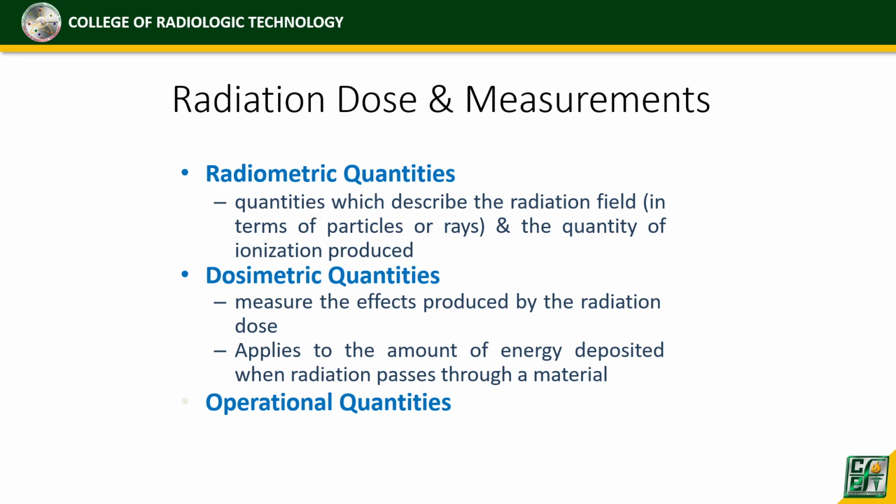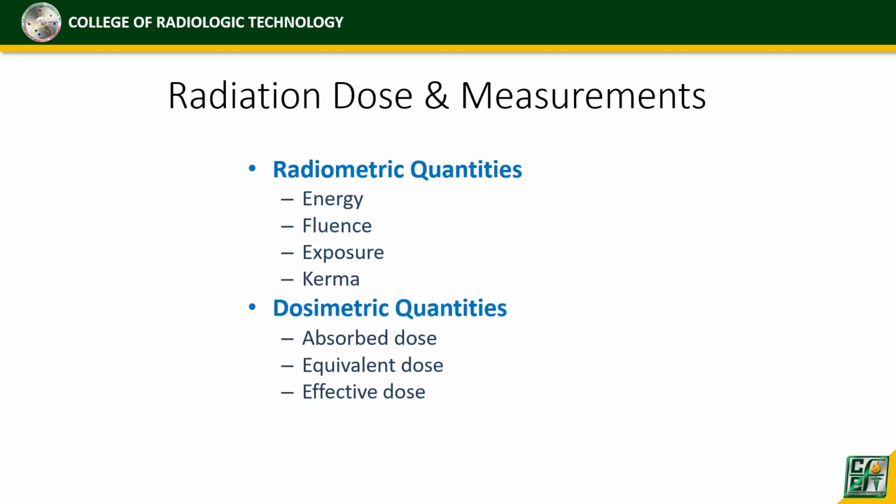At meron pa isa yung operational quantities. So ito yung mga nakapaloob sa radiometric quantities and dosimetric quantities. So for radiometric quantities, we have energy, fluence, okay, exposure, and kerma.